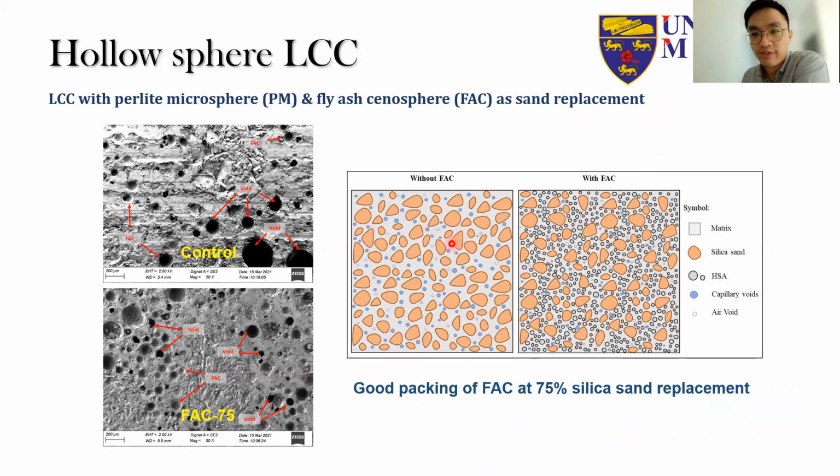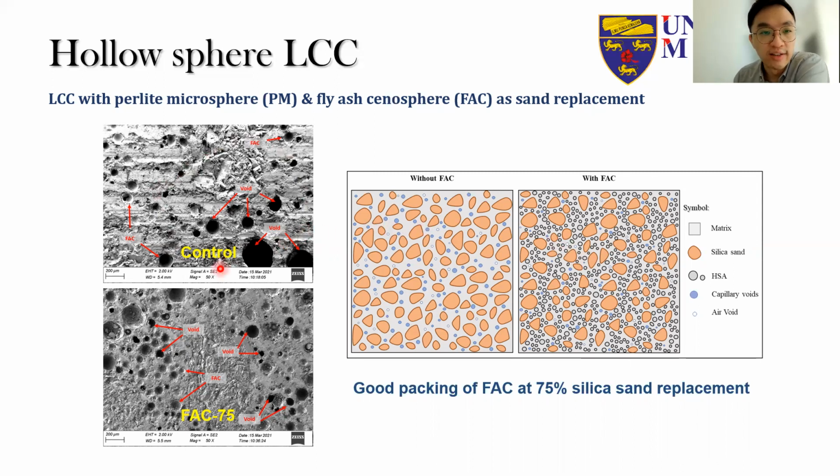There are voids available in the matrix, okay. But when we include this lightweight fly ash cenosphere, because of the finer sizes of this hollow sphere, it can fill in the voids, and this helps to reduce the water absorption.